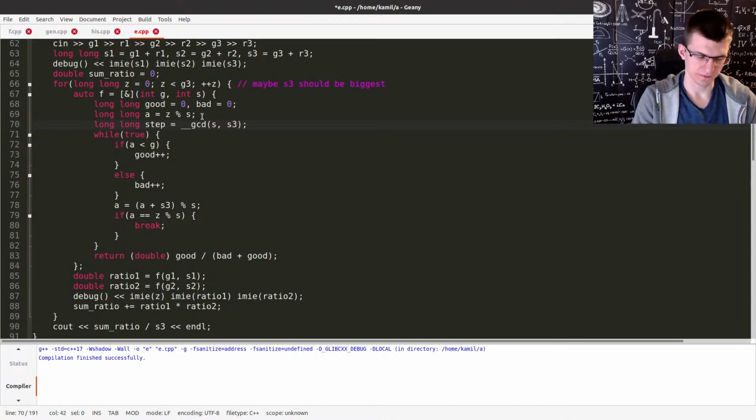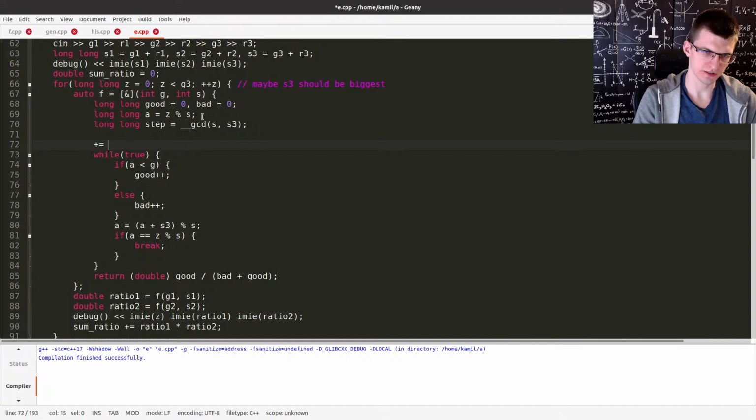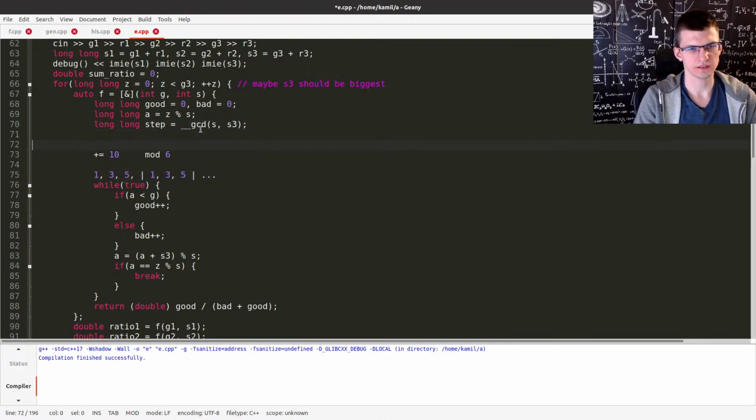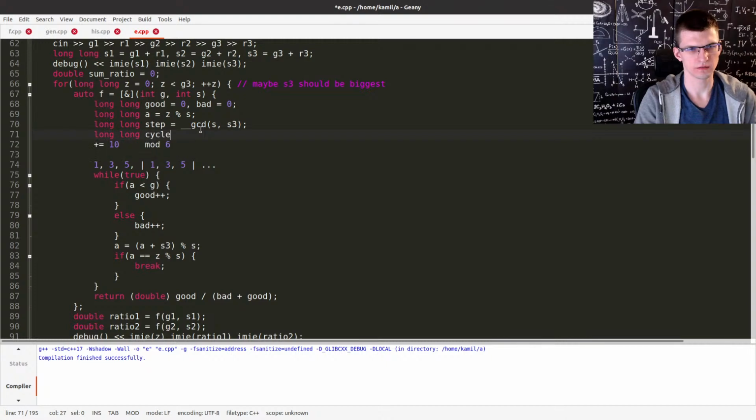GCD of that, like when I increase by 10 modulo 6, then every time it's equivalent to saying I increase by step. From 1 it would be 3, then 5, then again 1. And then the cycle size, if I need it, is s divided by step. If step is 2, then I have 3 steps.